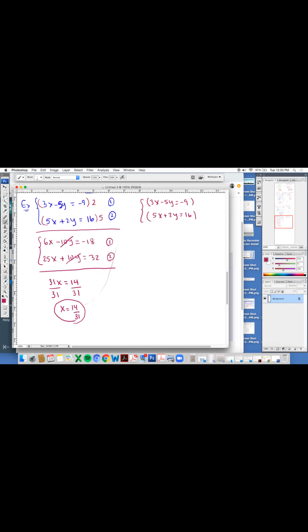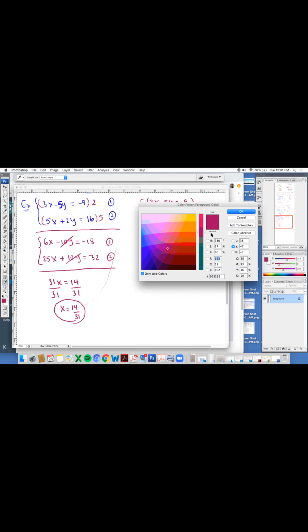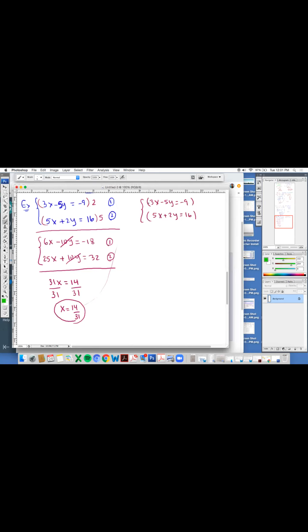All right, so let's grab another color. If I wanted to get rid of the x, I would multiply the top equation by 5 to make 15, and the bottom equation by -3 to make -15.